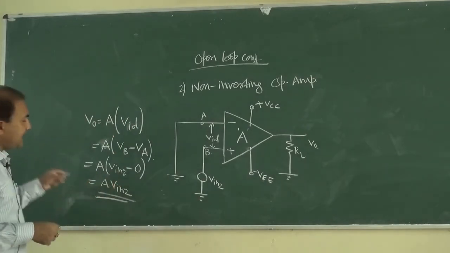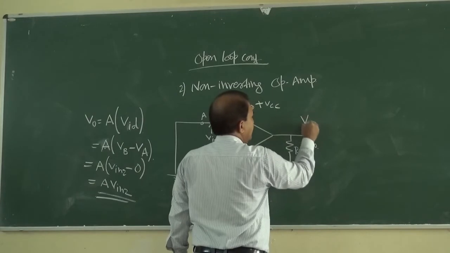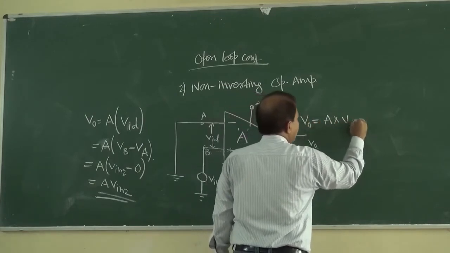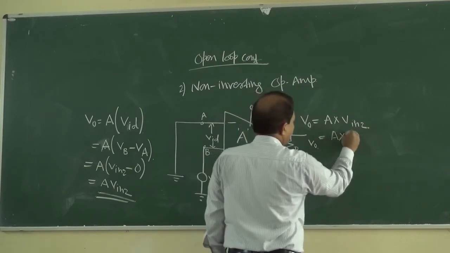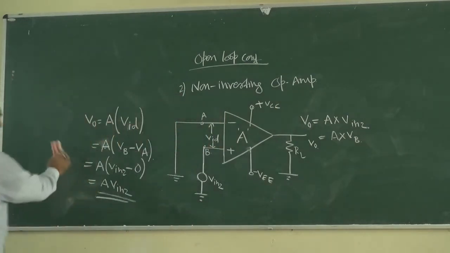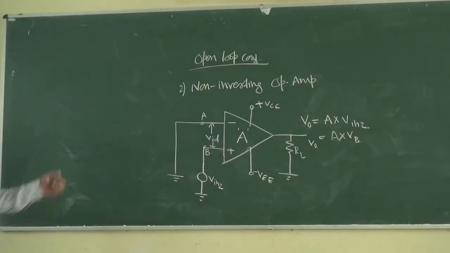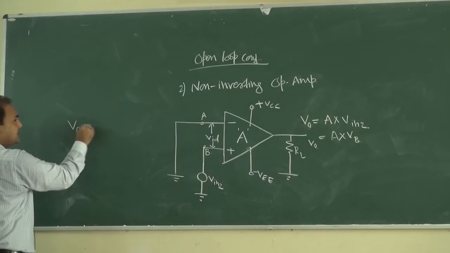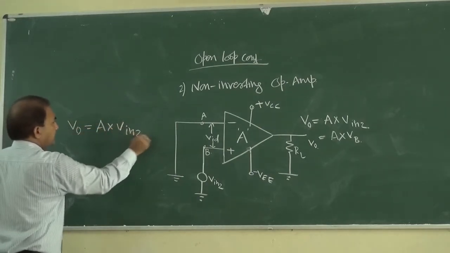Okay, so it is equal to A into V_in. So we can write V output is equal to A into V_in, which is equal to A into VB. Both are the same. Now what we can see here, V output is equal to A into V_in.